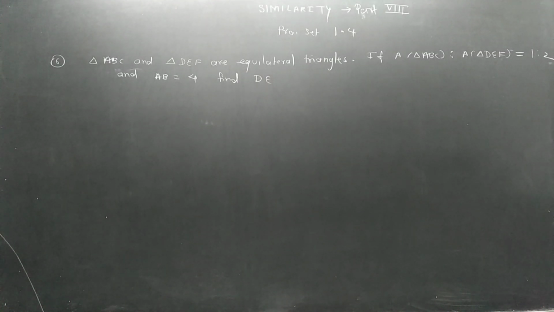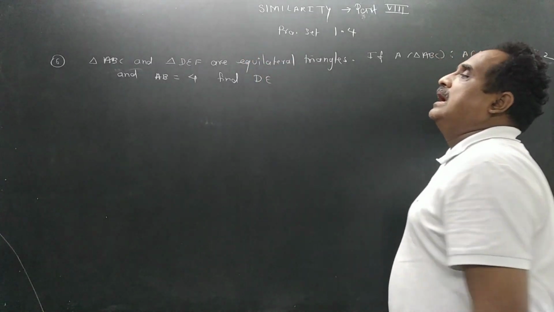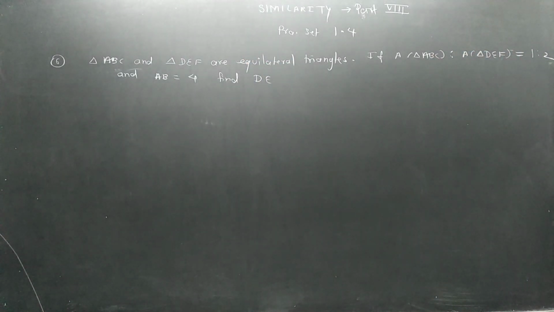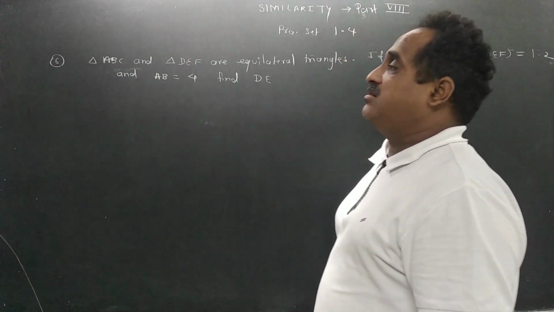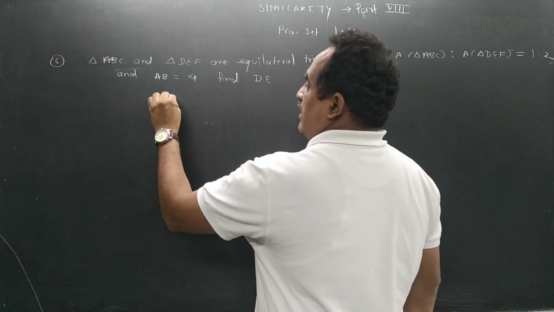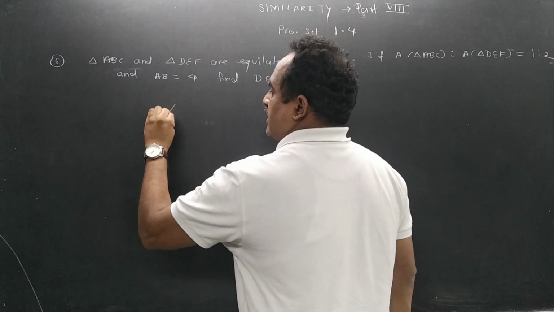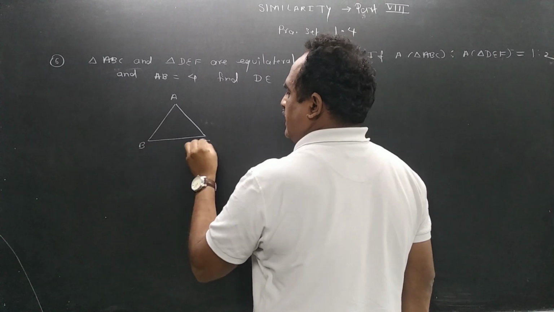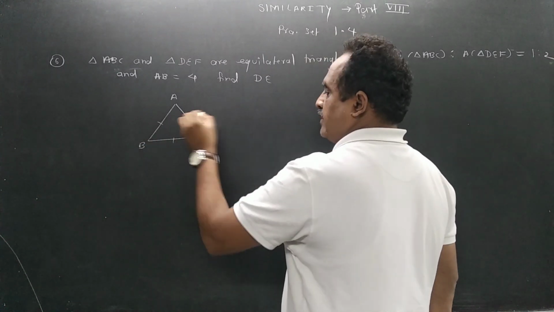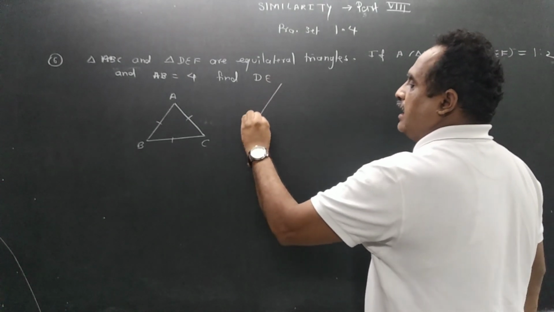The sixth question: they have given that triangle ABC and DEF are equilateral triangles. अब ये equilateral triangle, we know that triangles that have all the sides equal are called equilateral triangles. तो मैं एक triangle को इस तरह से ले सकता हूँ कि triangle ABC जो है, in triangle ABC all the sides are equal, and triangle DEF is a little bit bigger.